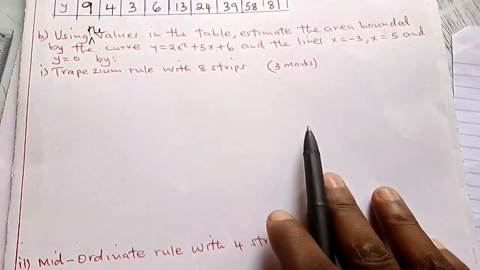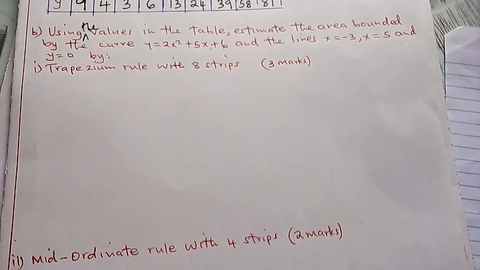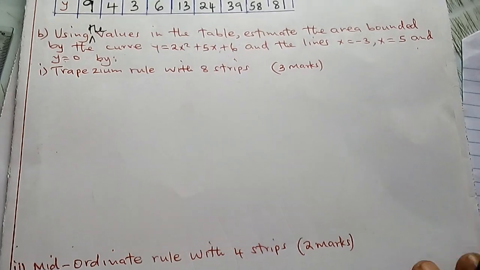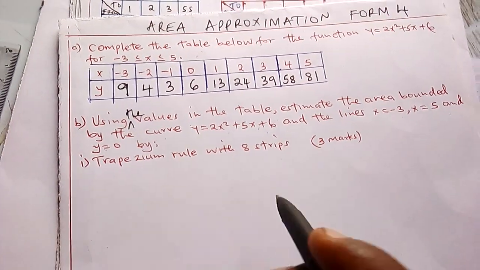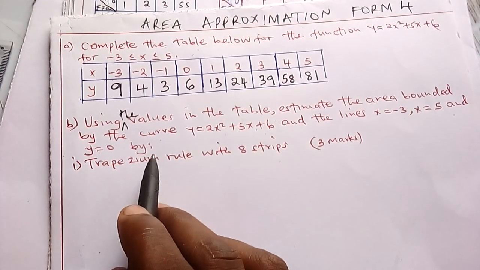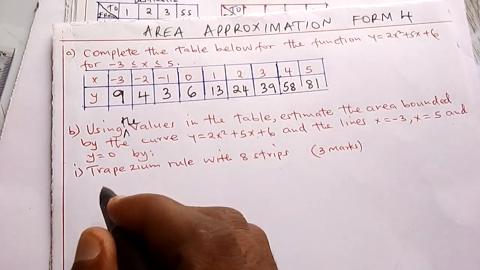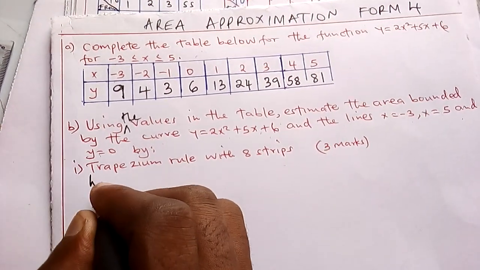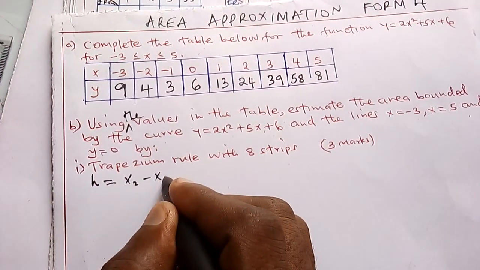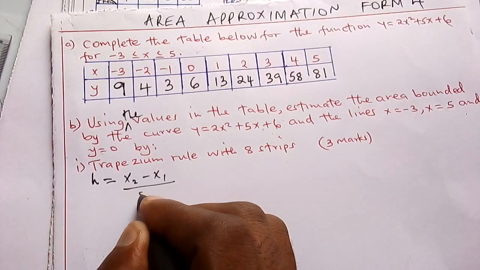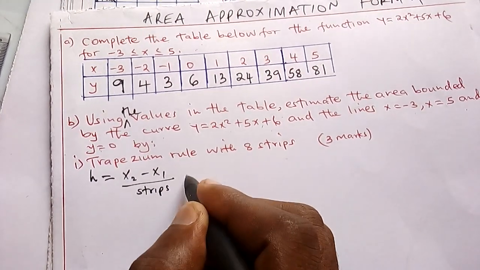So beginning with the first one, the trapezium rule with 8 strips. So we have 8 strips here. This is what you are going to do. You are going to start by getting the height. So height will be x2 minus x1 divided by number of strips.